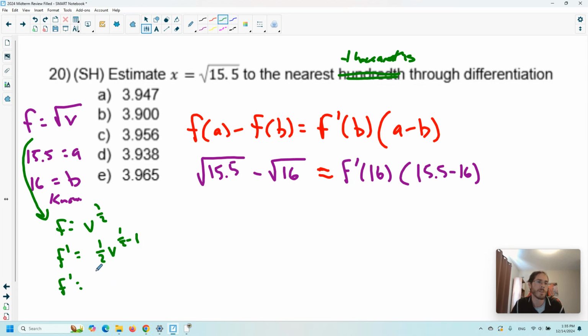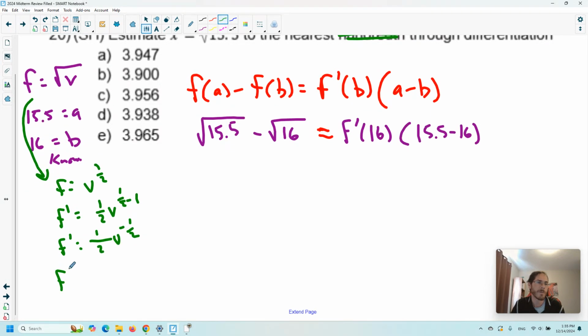F prime is 1/2 v to the negative 1/2. So f prime is 1 over 2 v to the 1/2, but probably better to write it as 2 radical v. All right, now we know we're trying to figure it out at 16. So we can plug 16 in there, and that's going to give us our value for f prime at 16.